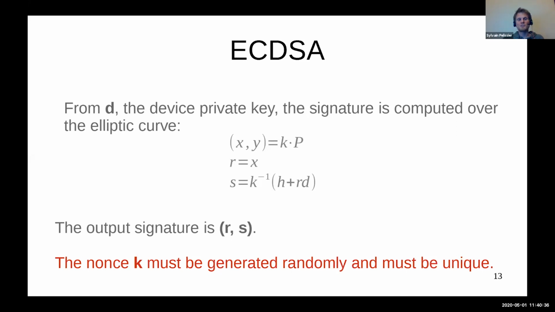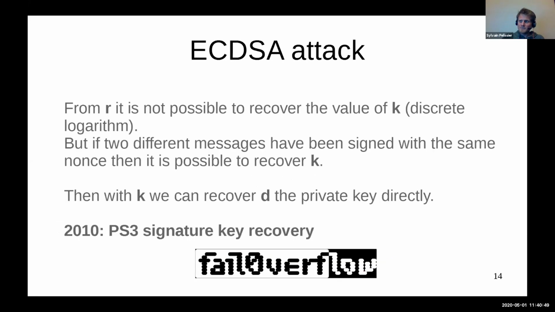However, there is a strong requirement for this signature algorithm: the nonce must be generated randomly and must be unique for each message signed. This is really important because from R, the first part of the signature, it's not possible to recover the nonce. It's linked to the discrete logarithm problem, which is believed to be difficult to solve according to cryptographers.